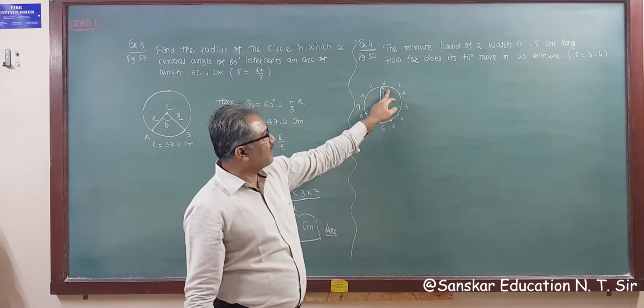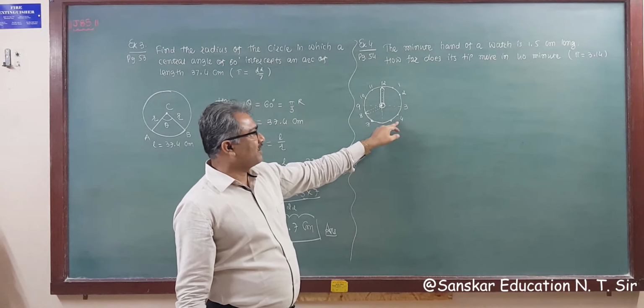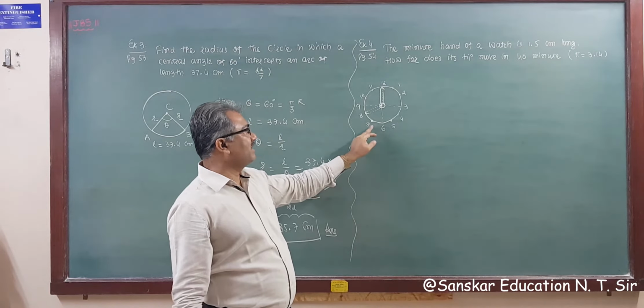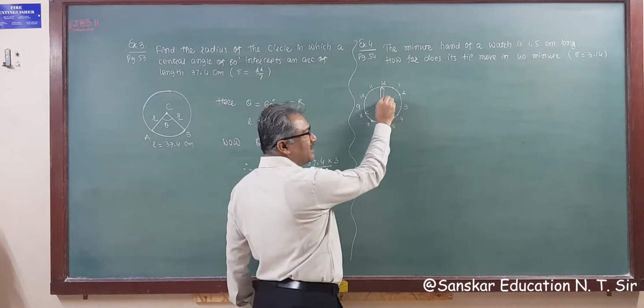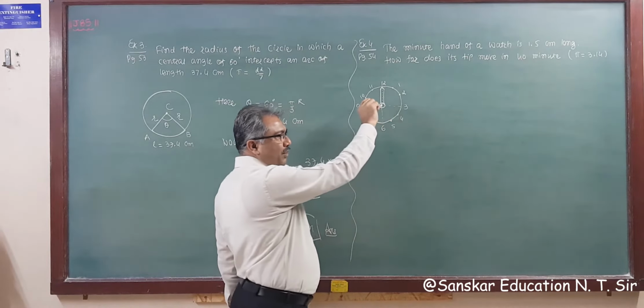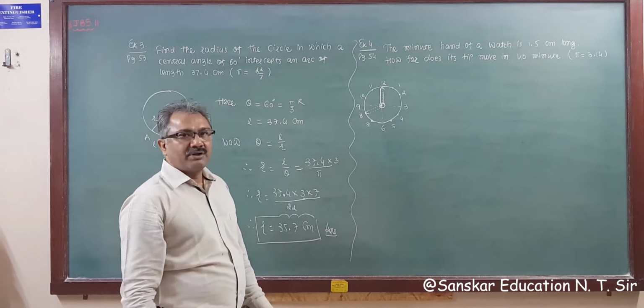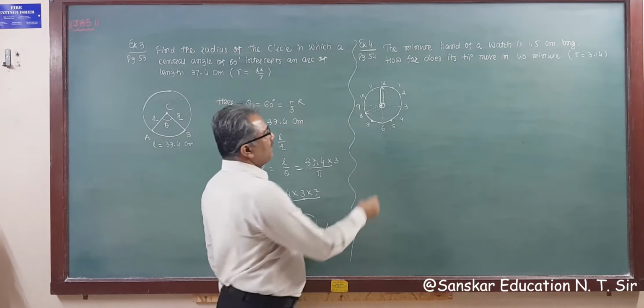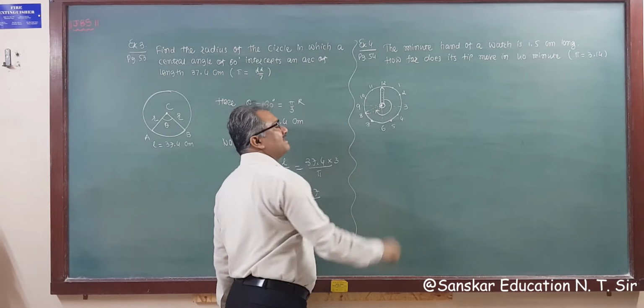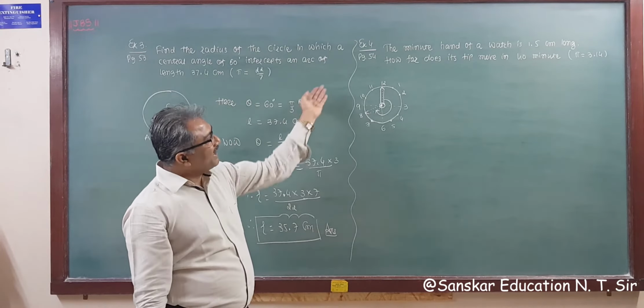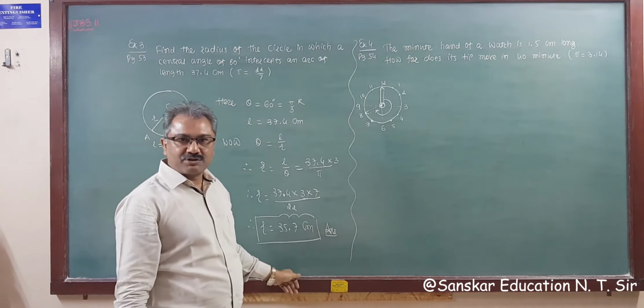This is 5, 10, 15, 20, 25, 30, 35, 40. So how far? We have to find out this angle. How far means the distance covered by the minute hand, we have to find out.